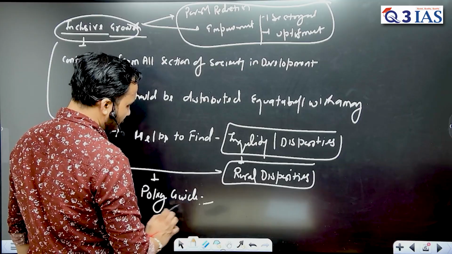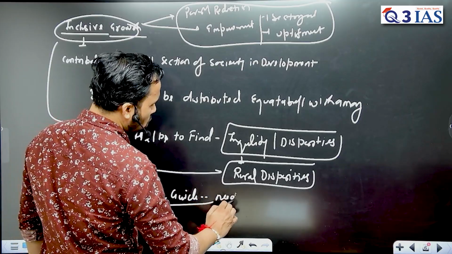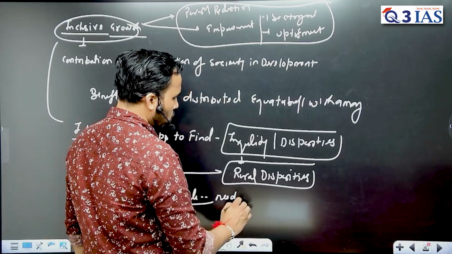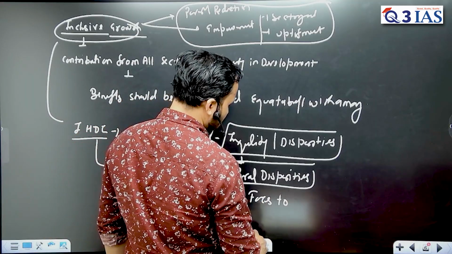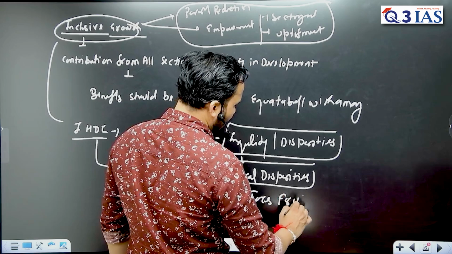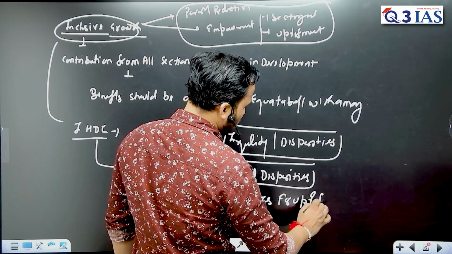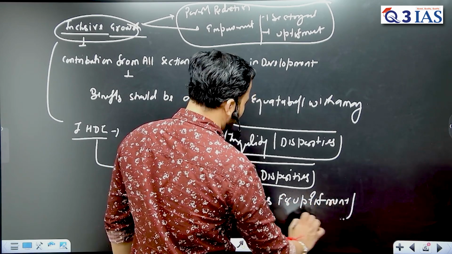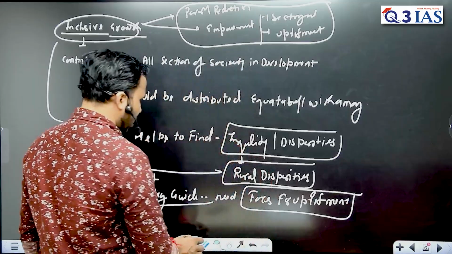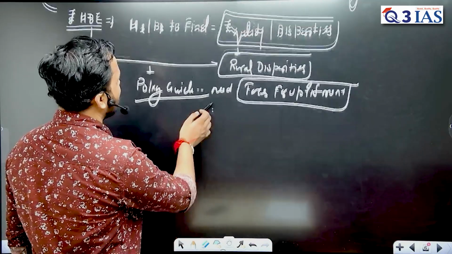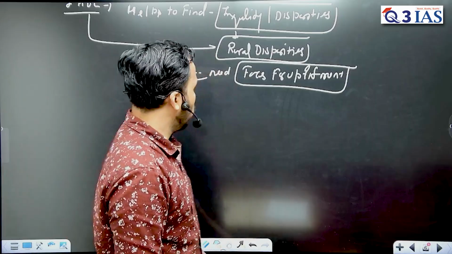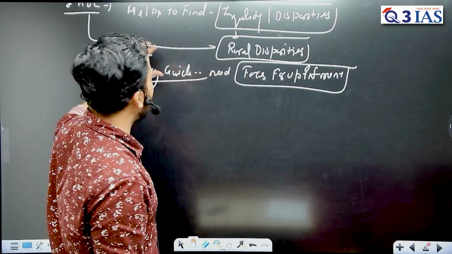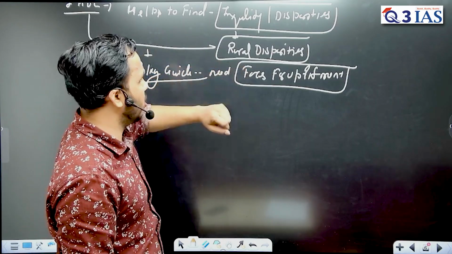It shows the government where it needs to focus for upliftment, because through IHDI they have identified that this particular class, this particular region is backward. So we can say it is a kind of policy guide for the government.